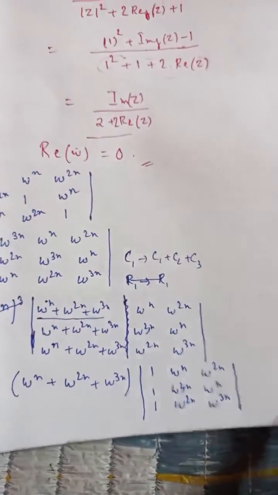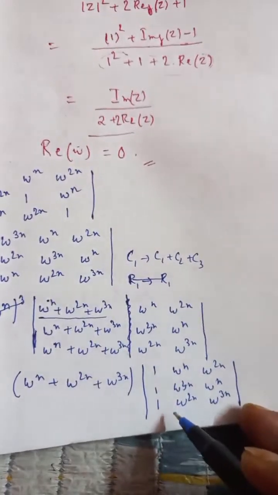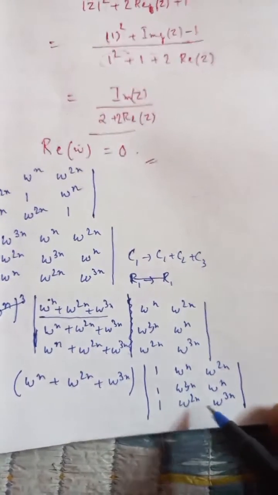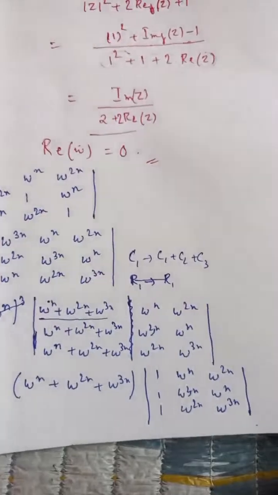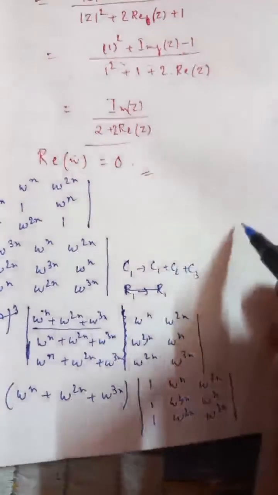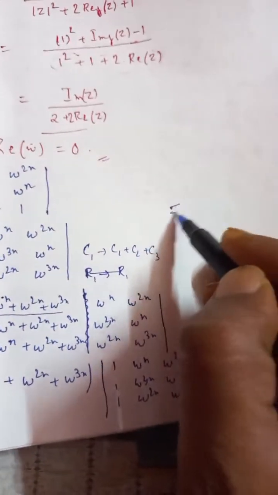Now we can subtract R3 from 1 and 2, then we will have 2 zeros in this way.